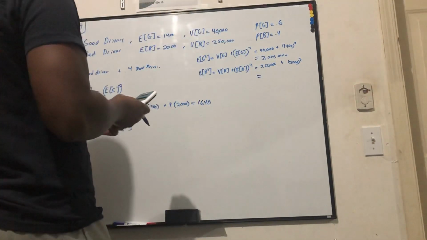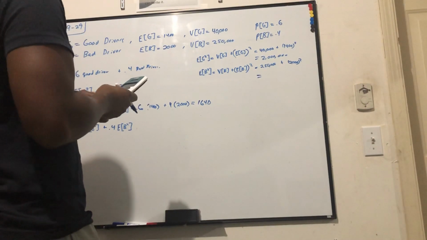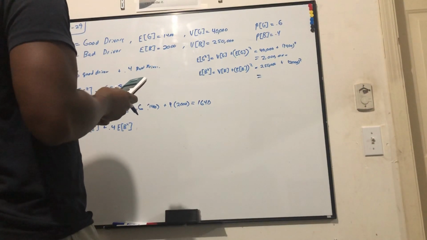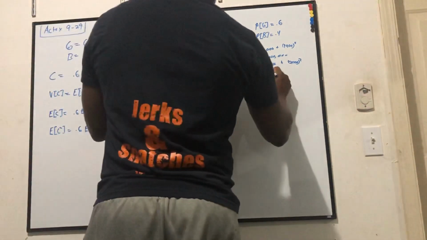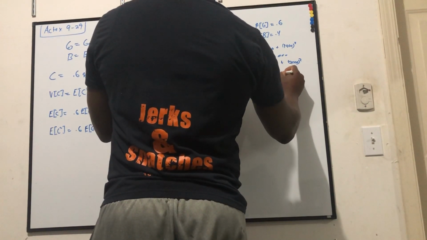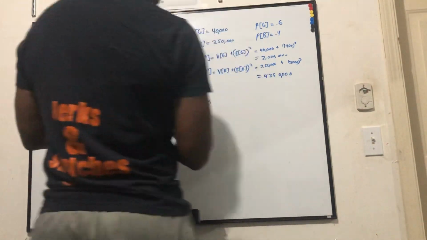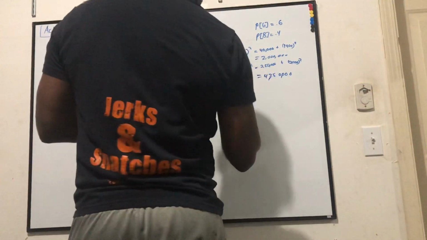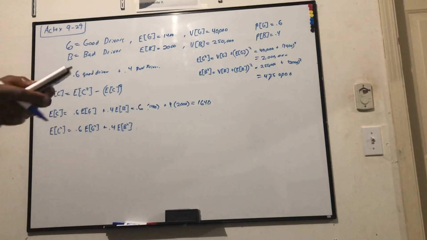Next one is 250,000 plus 2,000 squared. That's 4 million, 4,250,000. Okay, that makes more sense.